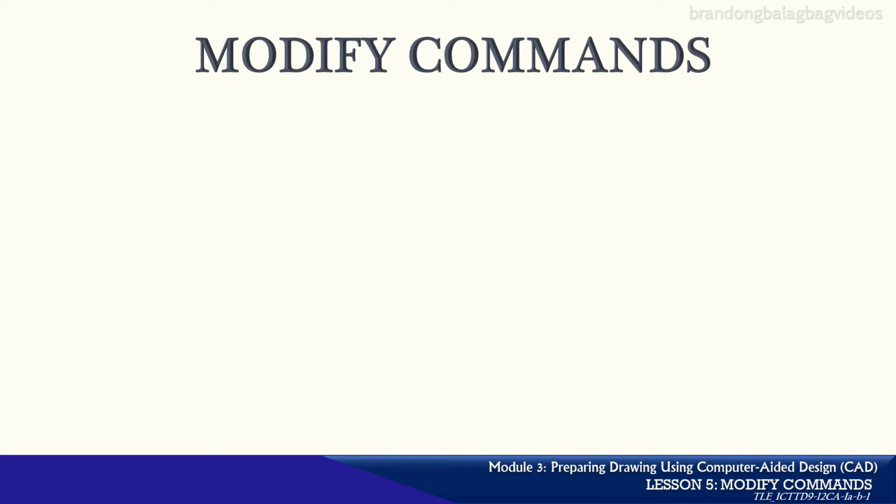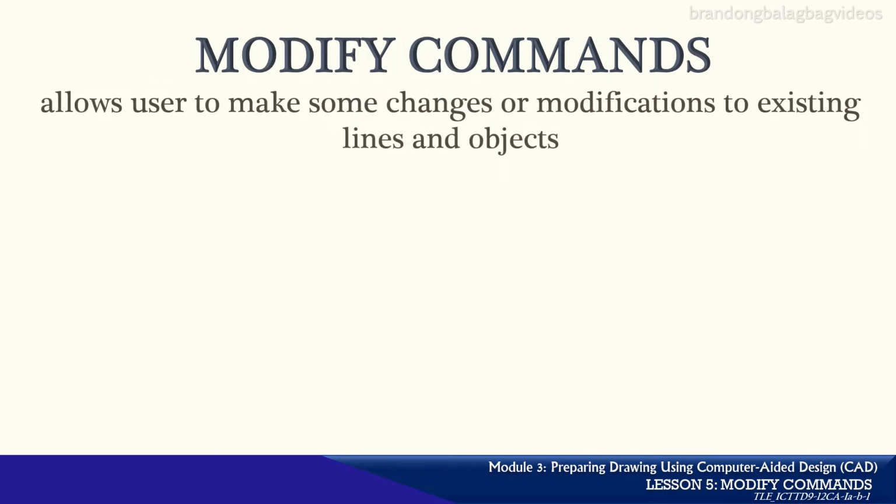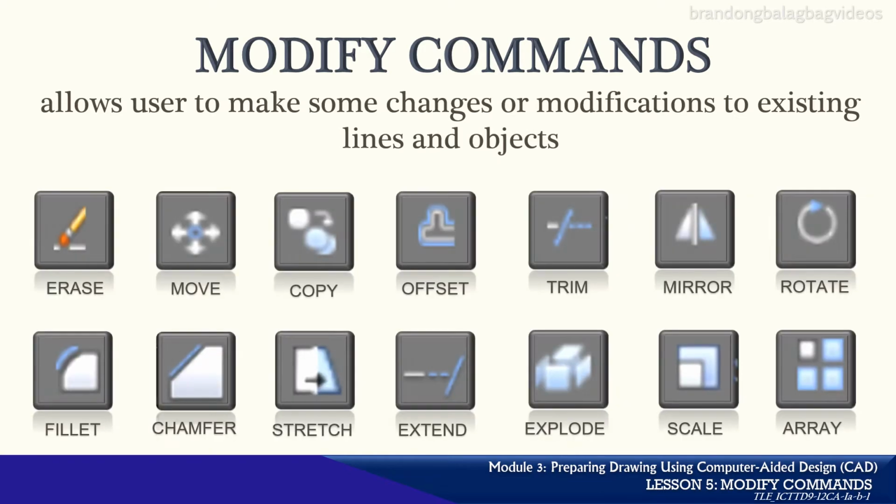As the name suggests, a modify command allows the user to make some changes or modifications to existing lines and objects. AutoCAD provides a whole range of tools such as trim, offset, move, mirror, copy, and many others.